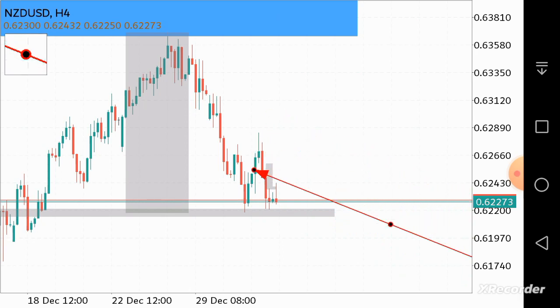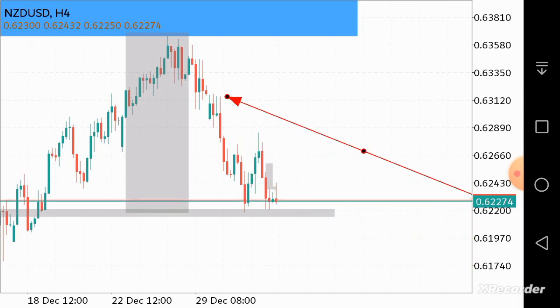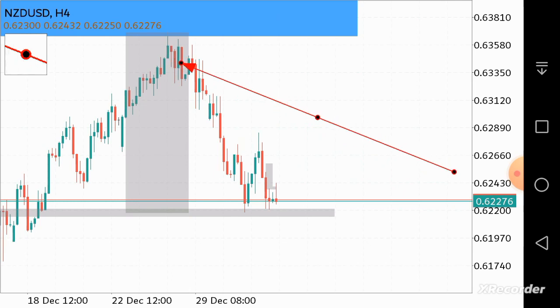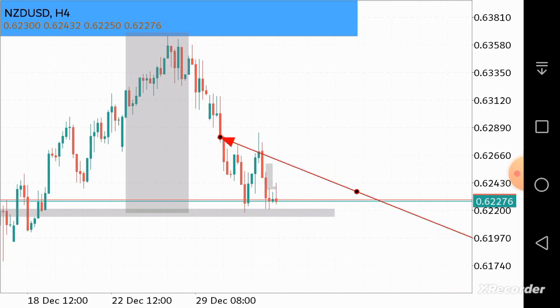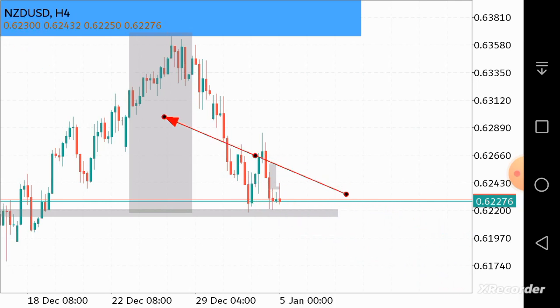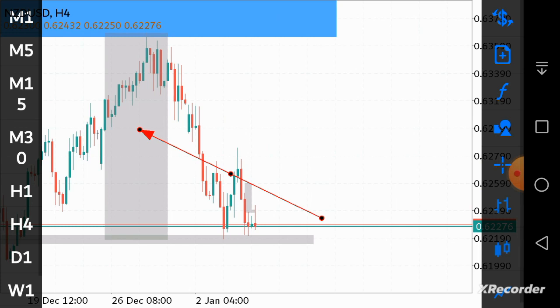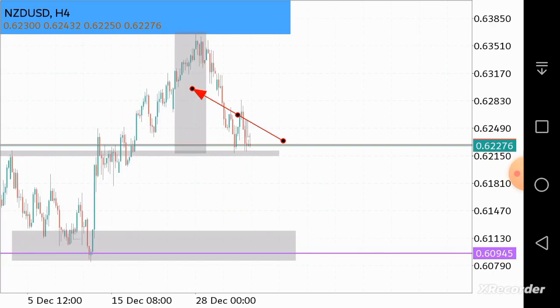So basically, guys, we've changed character to a downward trend. Now we are stopped at the zone. The only thing I can tell you to do on this price movement is wait for price to break this zone on the 4 hour.